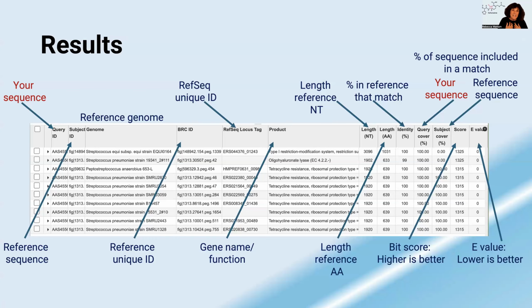But this will give you an indication of, is it just hitting part of a gene? Maybe they share a domain, or is it hitting the whole thing? Then we have the score, which we discussed earlier. Higher score means better. And the E-value, where a lower value means better. So that's how the results are returned. I could have given you a long list, but I think it's easier to see it this way.